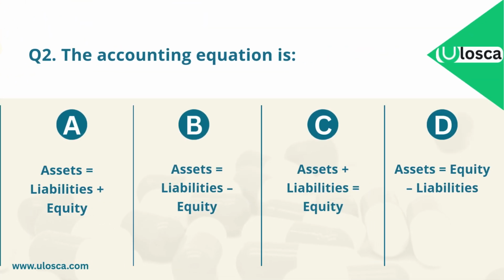Question 2. The accounting equation is A. Assets equals liabilities plus equity. B. Assets equals liabilities minus equity. C. Assets plus liabilities equals equity. D. Assets equals equity minus liabilities. Which one is the correct answer?